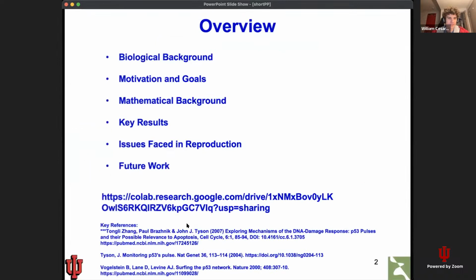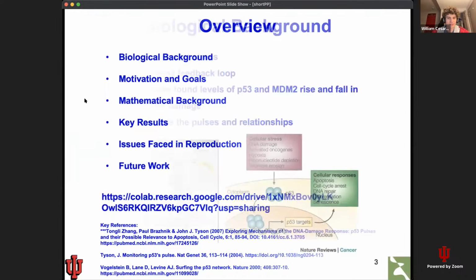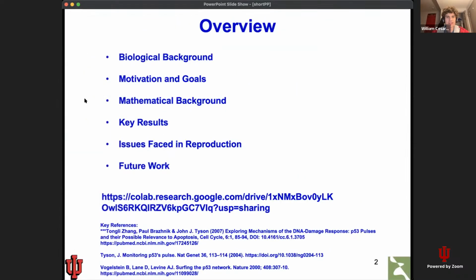Okay. So here's a little overview of what I'm going to be talking about. I'm going to be going over the biological background, and then the motivation and some goals I had for the notebook, the mathematical background of the paper, some key results that I found, issues I faced, and future work that I potentially want to implement.